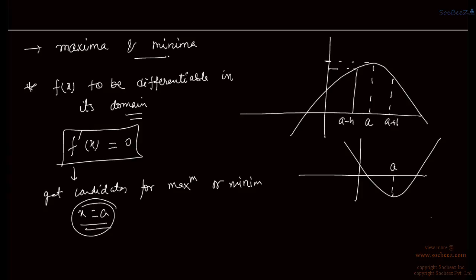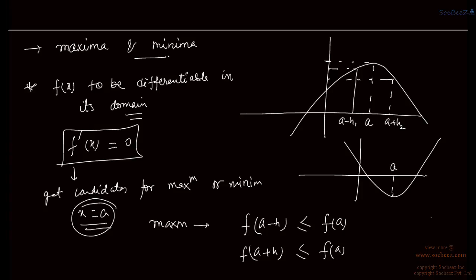and after a, say if we take a plus h, say this is h1, this is h2, any number, then this value is also less than whatever the value is at x is equal to a. So for maximum we have the condition f(a minus h) is less than or equal to f(a), and f(a plus h) is also less than or equal to f(a).